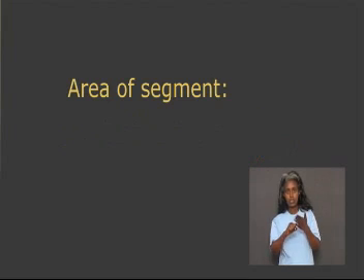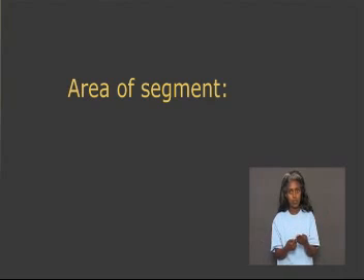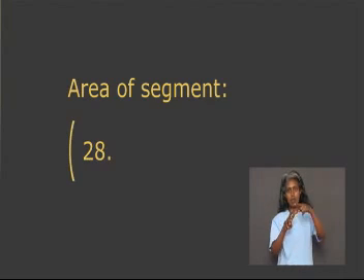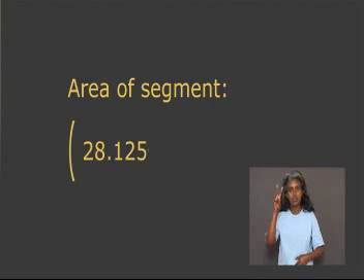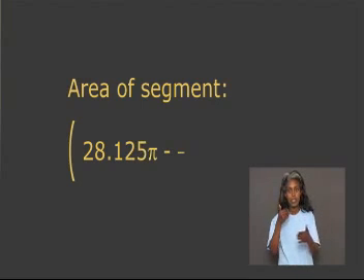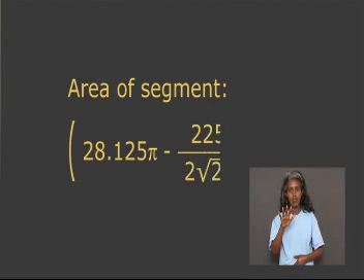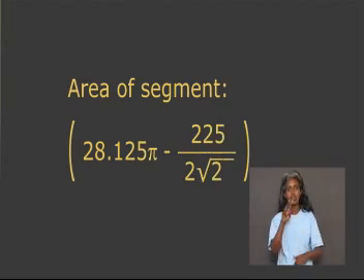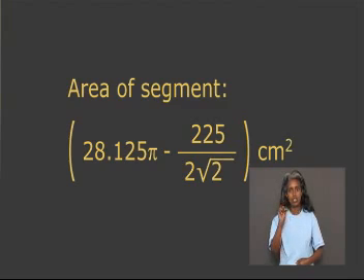Area of the segment is the difference of area of the sector and area of the triangle. Therefore, our answer is 28.125 pi centimeters squared minus 225 over 2 times the square root of 2 centimeters.